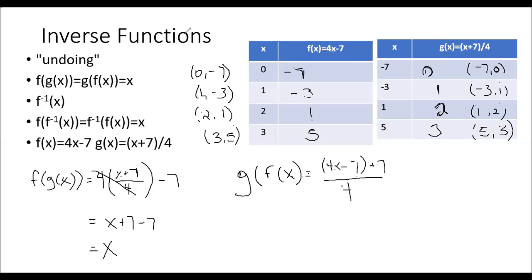Okay, so this is our g of x with our f of x in for x. Well, minus 7 plus 7, that's 0. So this simplifies to 4x divided by 4. And then our 4's cancel out, and this is just equal to x. So we've shown algebraically that these two functions are inverse functions of each other.